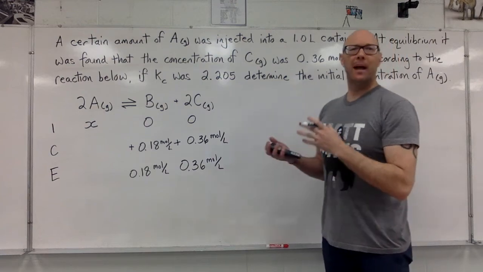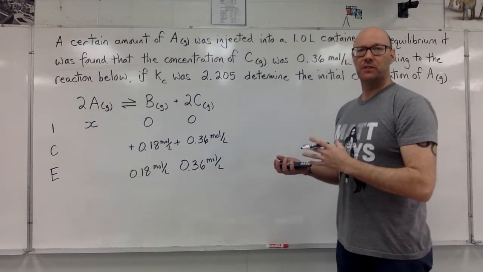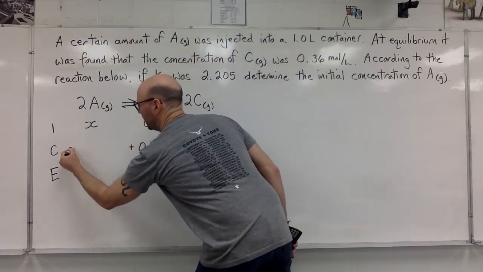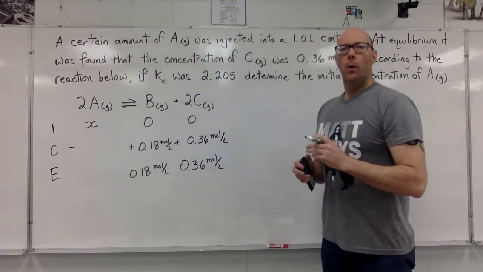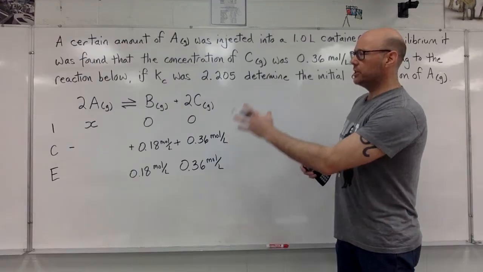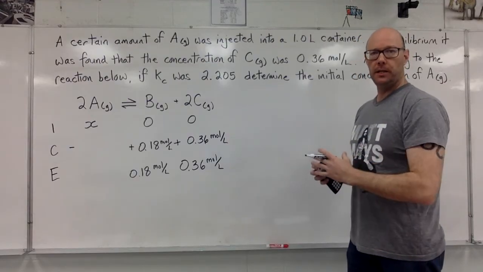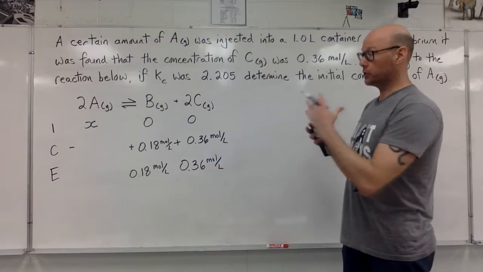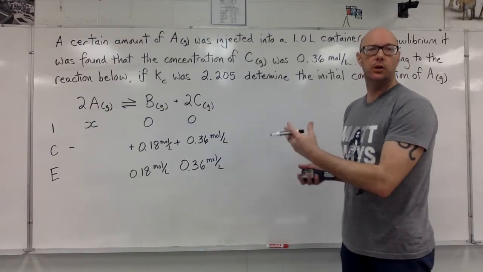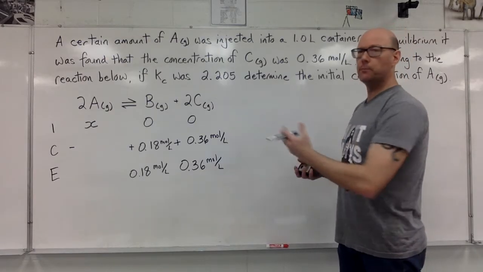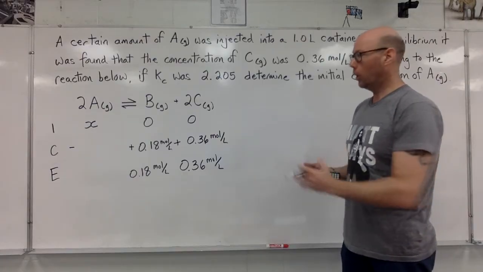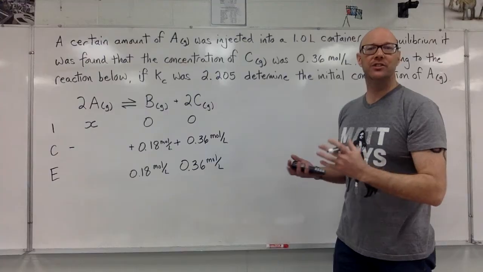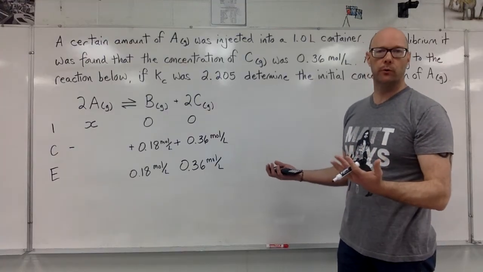We know for chemical A that it must have experienced negative change. A is in a 2 to 1 ratio with B and a 2 to 2 ratio with C. So we can start by thinking about chemical B, a 2 to 1 ratio, 2 times 0.18. Or we can use the same number as chemical C because A and C are in a 2 to 2 ratio, a 1 to 1 ratio.